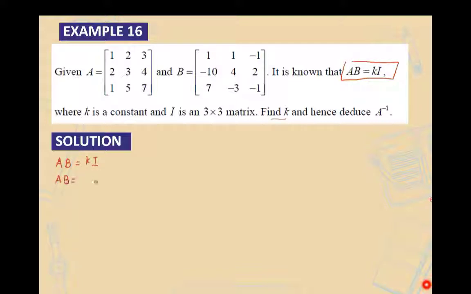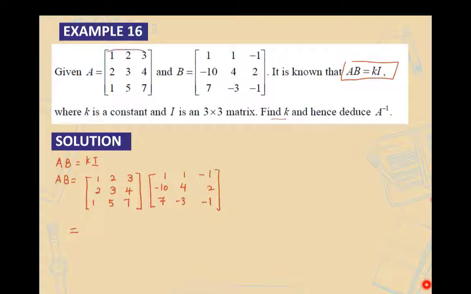AB is matrix A multiplied by B. So we're going to copy matrix A: 1, 2, 3, 2, 3, 4, 1, 5, 7, multiplied with matrix B: 1, 1, negative 1, negative 10, 4, 2, 7, negative 3, negative 1.